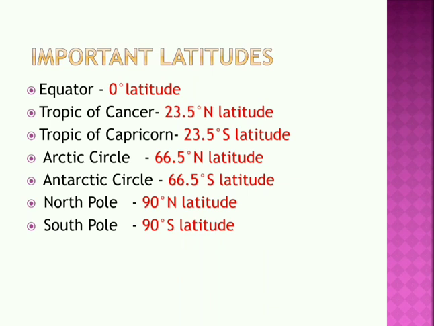But out of these 180 lines of latitude, some important lines of latitude are: equator, 0 degree latitude; Tropic of Cancer, 23.5 degree north latitude; Tropic of Capricorn, 23.5 degree south latitude; Arctic Circle, 66.5 degree north latitude; Antarctic Circle, 66.5 degree south latitude; North Pole, 90 degree north latitude; South Pole, 90 degree south.